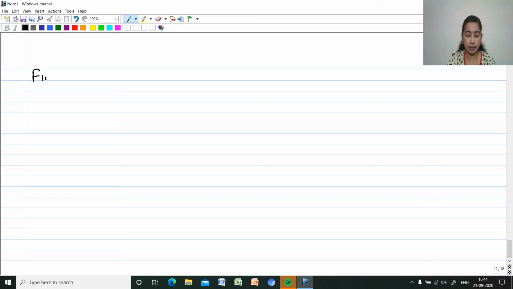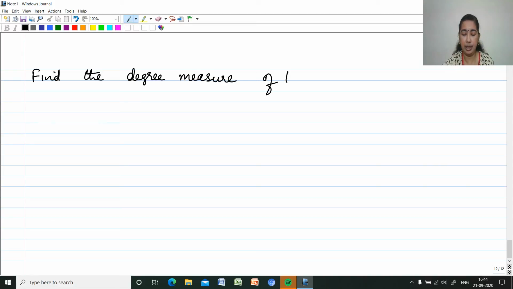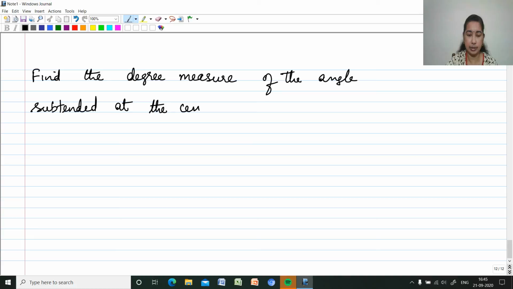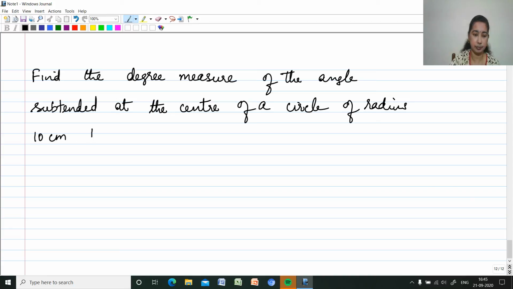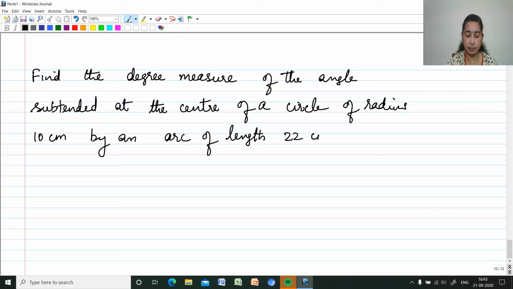Next question is, find the degree measure of the angle subtended at the center of a circle of radius 100 centimeter by an arc of length 22 centimeter.